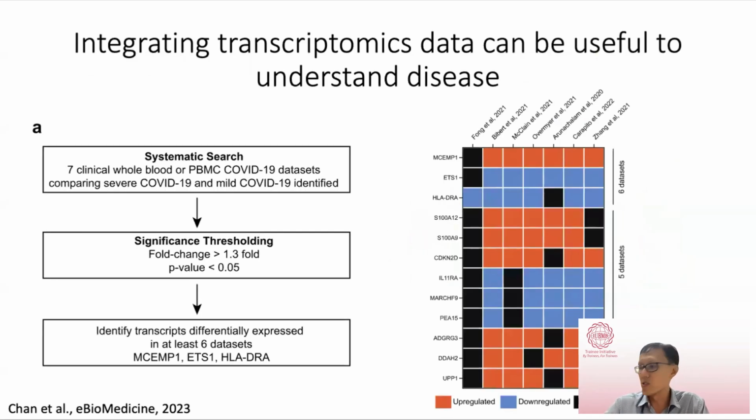This is also one of our studies, where we used meta-analysis to understand the key gene expression differences that you see in severe COVID patients. Here we analyzed 7 data sets to identify 2 genes that are most important for the prognosis of severe COVID.